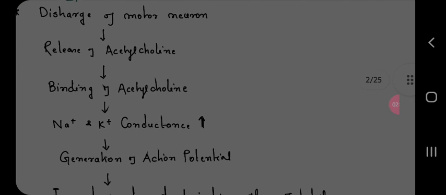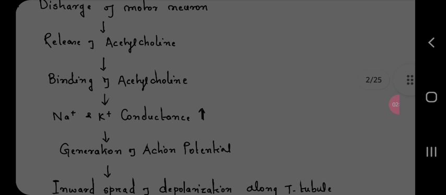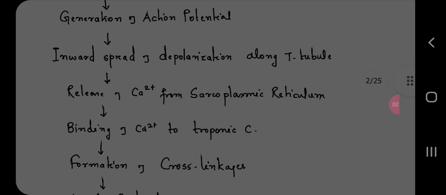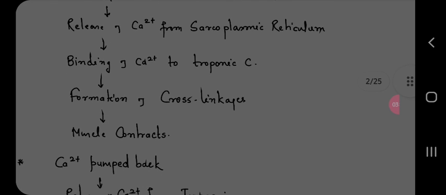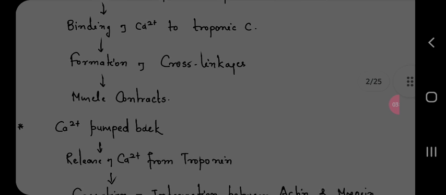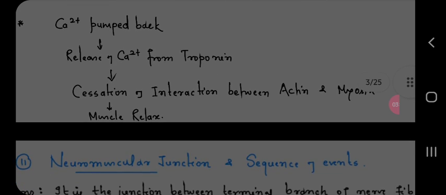Discharge of motor neuron, release of acetylcholine, binding of acetylcholine, sodium and potassium conduction increases, generation of action potential, inward spread of depolarization along the T-tubule, release of calcium from the sarcoplasmic reticulum, binding of calcium to troponin C, release of cross linkages, muscle contracts. Calcium is pumped back, calcium is released from troponin, interaction between actin and myosin ceases, and the muscle relaxes.